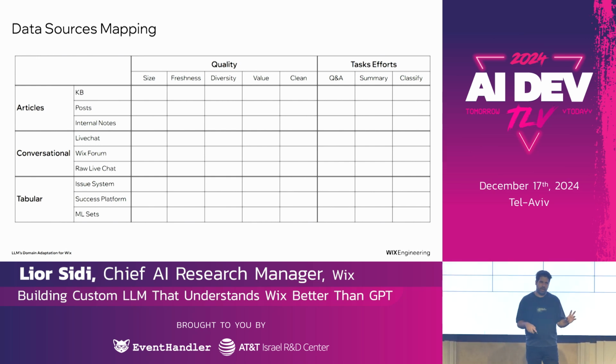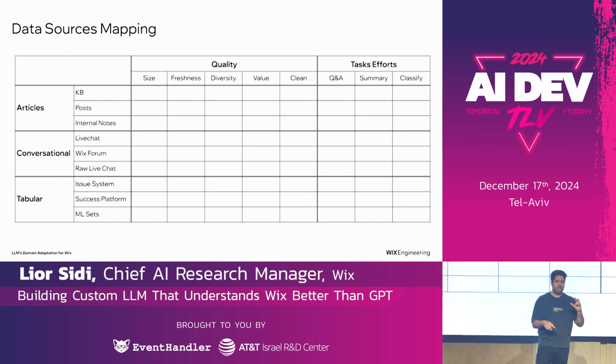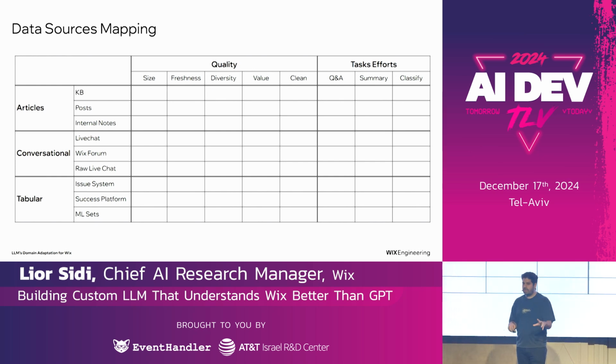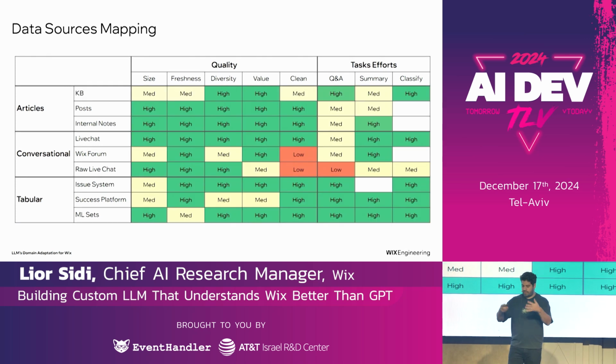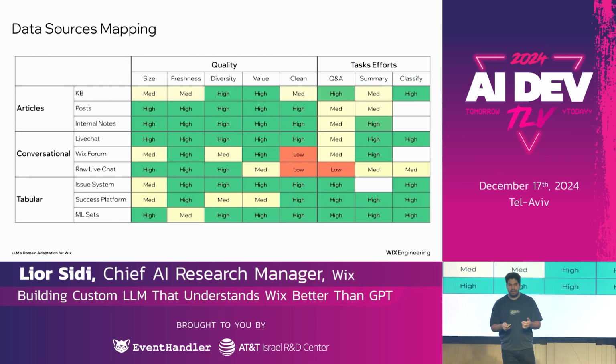So that's work that we have done. At Wix, we have a role called data curation that manages these processes of creating benchmarks, maintaining the evaluation, and doing error analysis at scale. So this was part of their work, alongside the researchers and the engineers. We mapped, and it allowed us to identify which data source we want to focus on first.